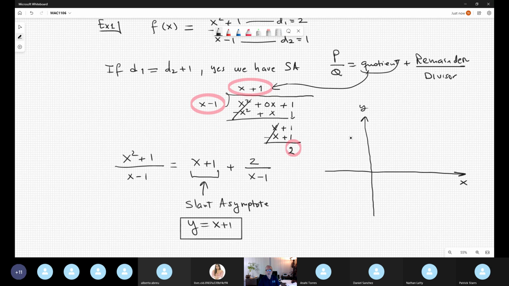The line is easy, you are familiar. 1 is b, therefore 1 is the y-intercept, (0, 1). And the slope is also 1. So 1 up and 1 to the right, and you are drawing the famous slant. This is our slant asymptote.